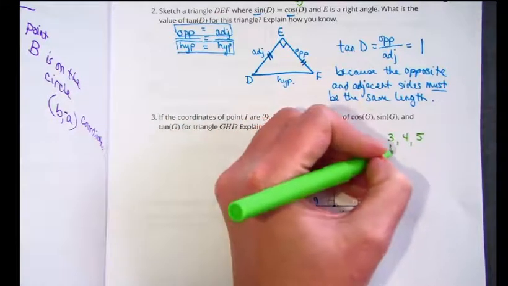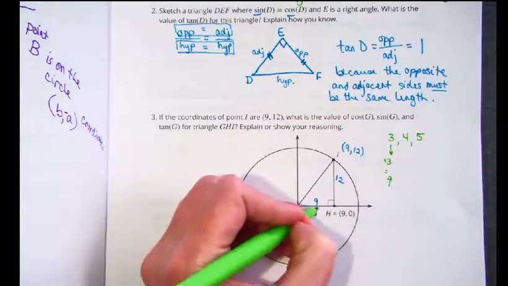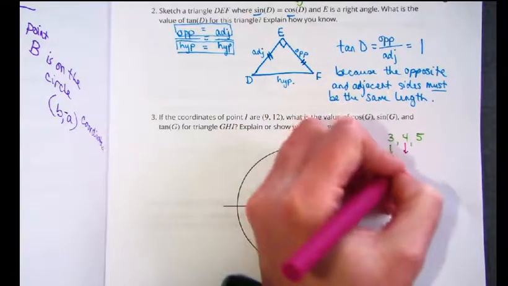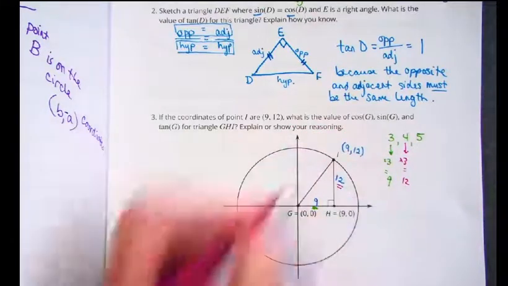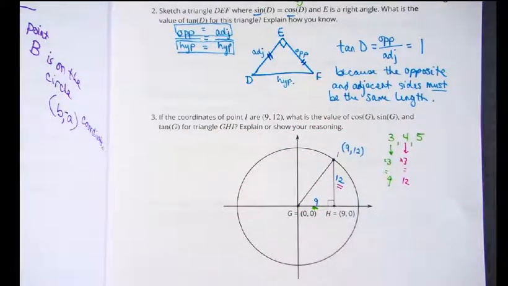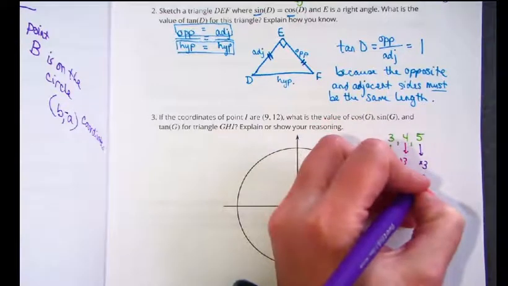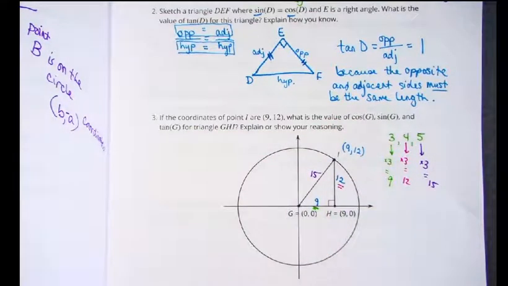So if I take 3 and multiply it by 3, I get the side length of 9. 4 times 3 is a side length of 12. So my last side length, I'm just kind of trying to be an efficient mathematician. Remember, I'm not lazy, I'm just efficient. There's a big difference. I just found out that my hypotenuse is length 15.